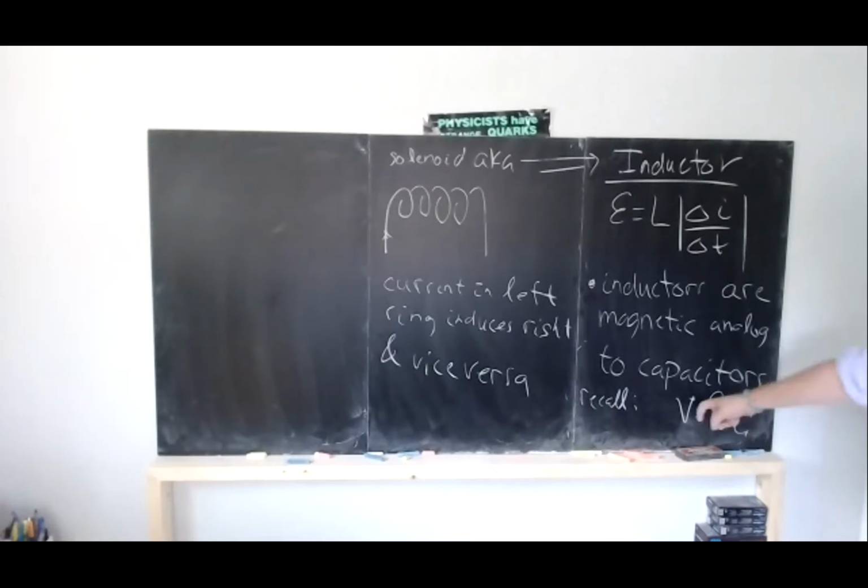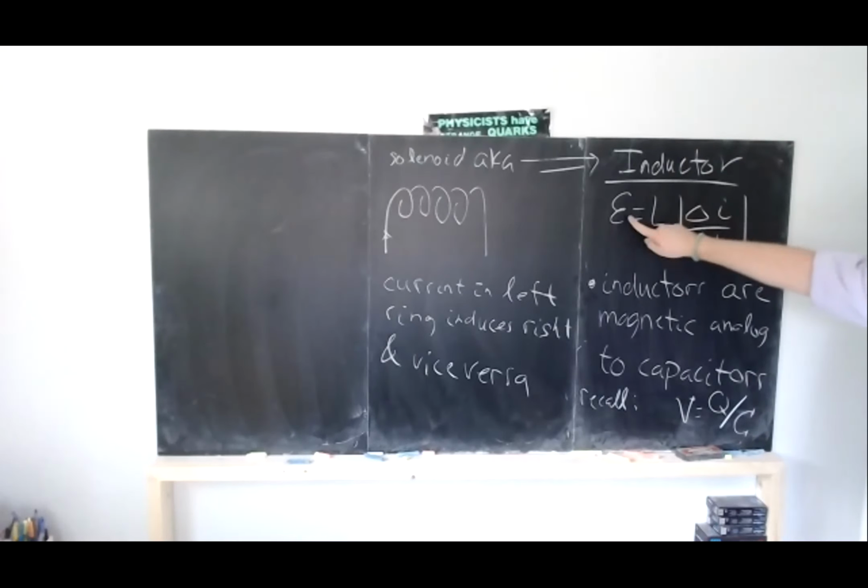Right. Voltage equals quantity times constant. Inductor. Voltage equals quantity times constant. So that's what I mean by analogs, right? We'll be able to build new circuit components with our inductors. We'll be able to use them to construct new circuits.